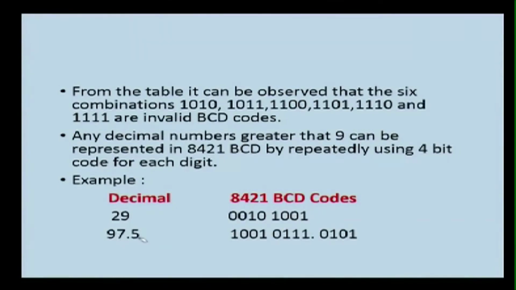Same way 97.5, for 9 I get 1001, which is 8 plus 1, 9. For 7, I have written 0111, which is 4 plus 2 plus 1, 7. And for 5, it is 0101, which is 4 plus 1, 5. So, this way we can represent a BCD number.